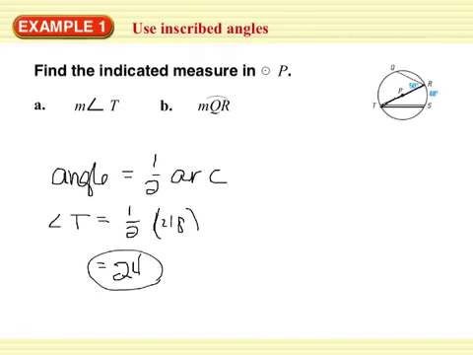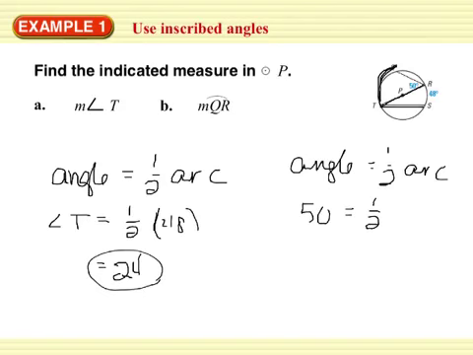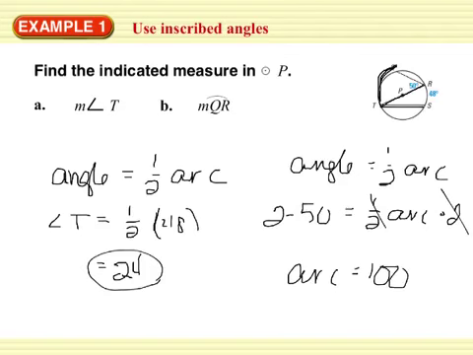And then B, the measure of arc QT. The angle is 1/2 the arc. Angle, 1/2 arc, times 2, times 2. The arc is 100 degrees.